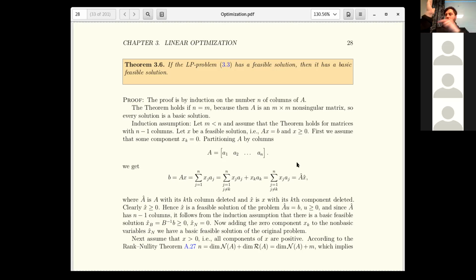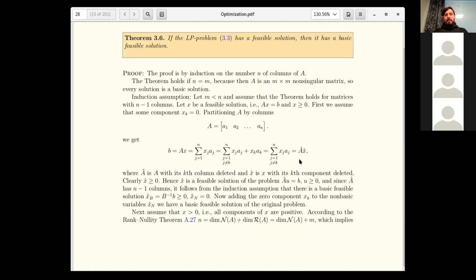If that vector has a 0 component, we can remove that component and the corresponding column from the matrix, and then we just multiply and we'd still get b. Now we're dealing with a smaller matrix and a smaller vector, but we already know from the inductive hypothesis that if it has a feasible solution, then it has a basic feasible solution. So we can find a basic feasible solution for that problem, and there's nothing more to prove in this case. Okay?